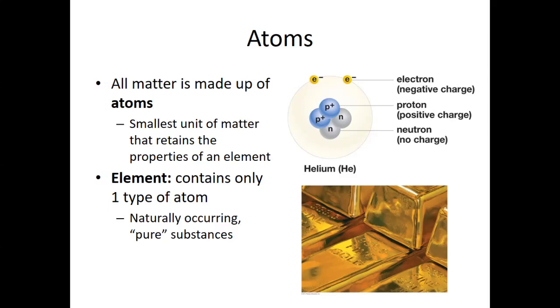So if you were to say that something was pure gold, you would know that it is composed of 100% gold atoms and nothing else. So we do find pure substances like that, but also we have atoms of different elements that join together to form molecules and compounds.